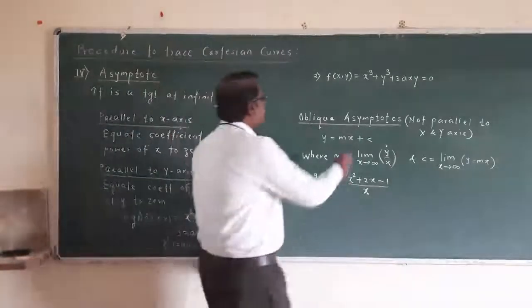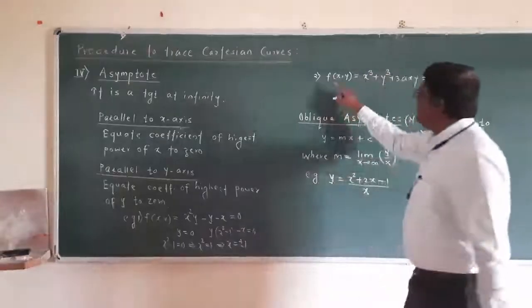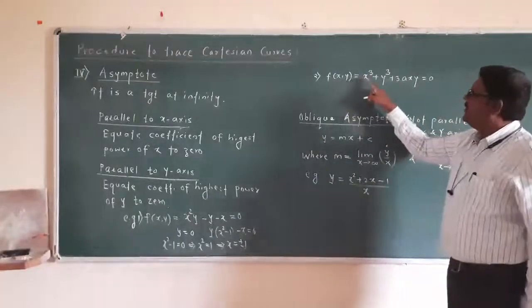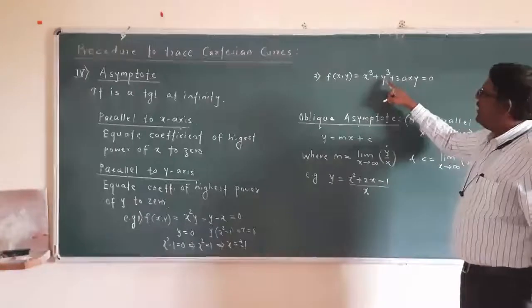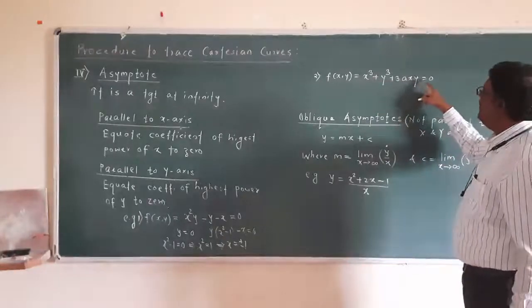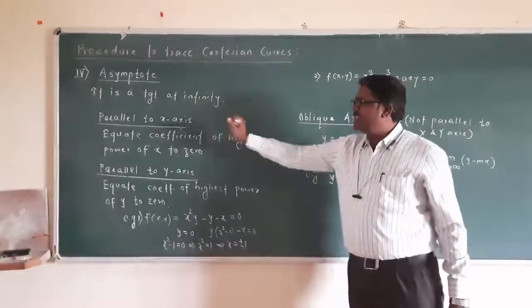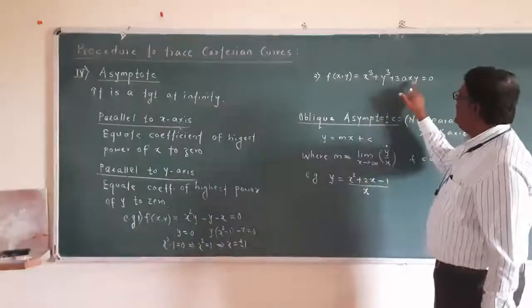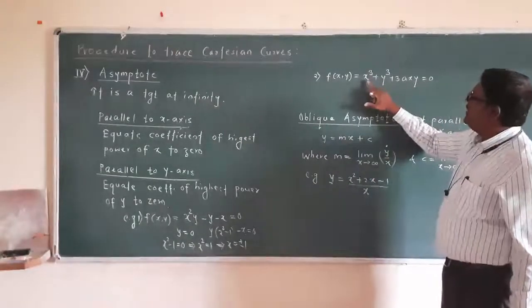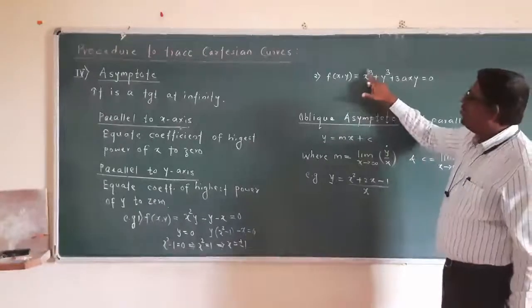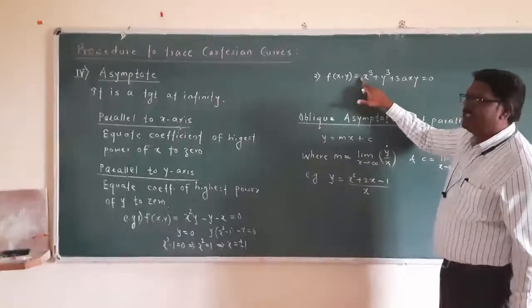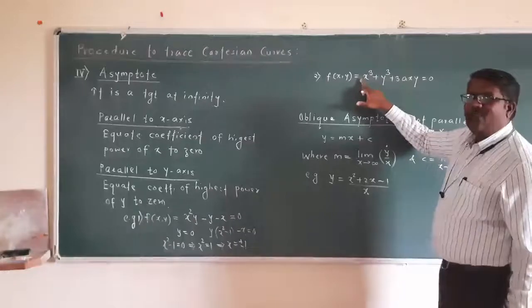Now, if we consider second example, that is f of xy is equal to x cube plus y cube plus 3axy is equal to 0. Now to get asymptote parallel to x-axis, first find highest power of x. So here highest power of x is x cube, but its coefficient is 1 and 1 is a constant.